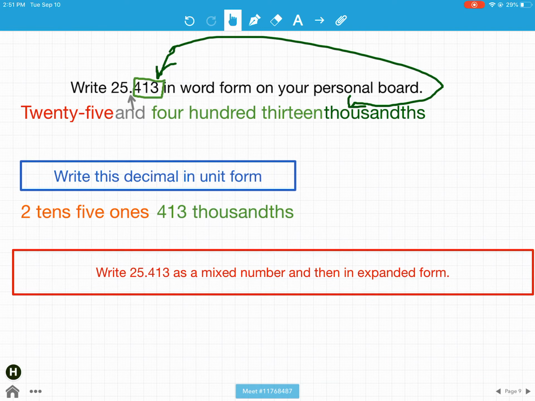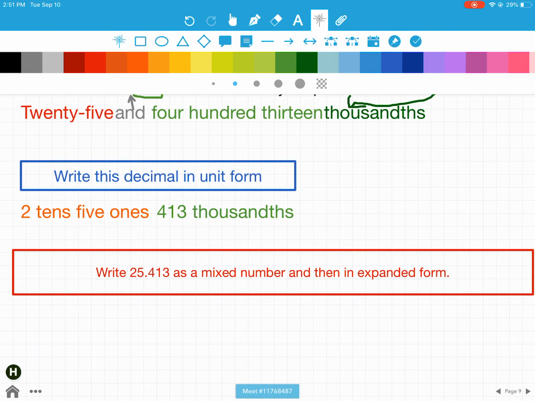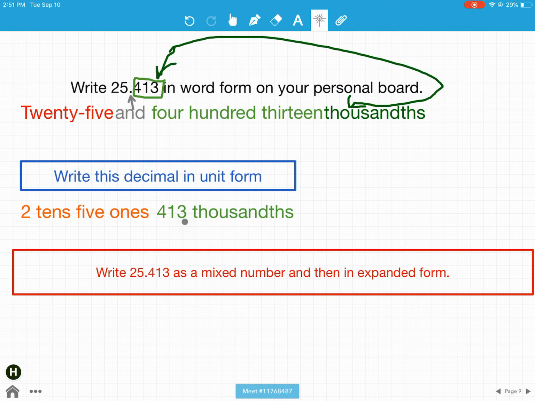Okay? And when they're talking about units, they're talking about the word right here. So this is 413 thousandths. That's why we didn't break it up. This is 2 tens, 5 ones, and 413 thousandths.